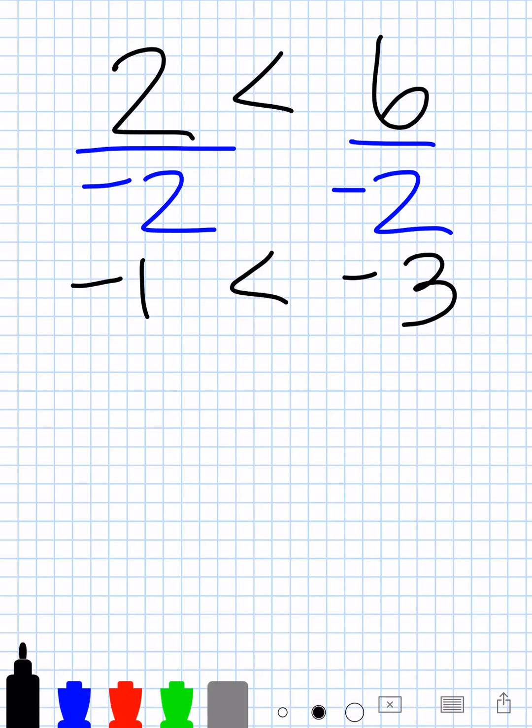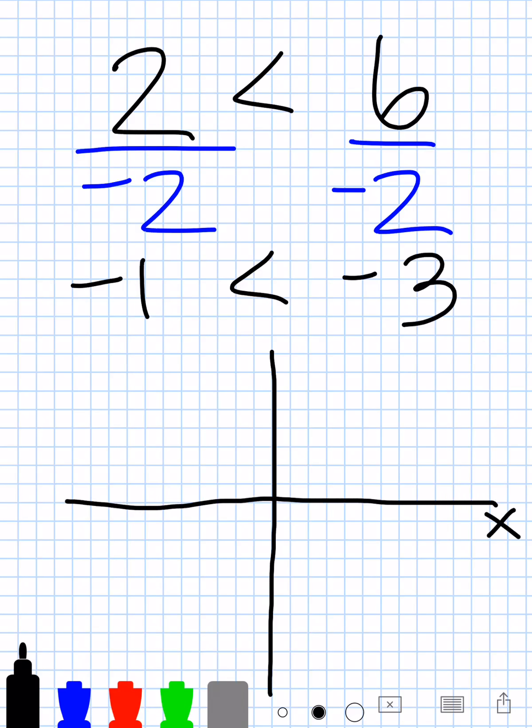If I have a graph, let's draw a coordinate plane. I have my x-axis and I have my y-axis. And I have negative 1 right here. Remember, this is negative 1. And then I have negative 3 right there.